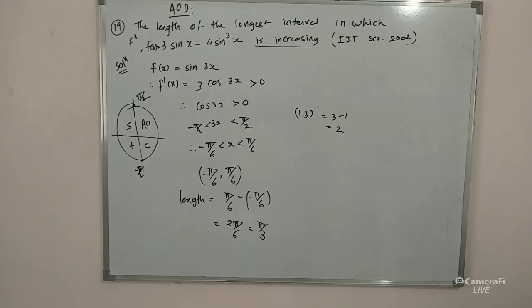Yes, 3 sin x minus 4 sin cube x is there. Yes, there is a cube. If there is any printing mistake, then note it down. It is a cube.